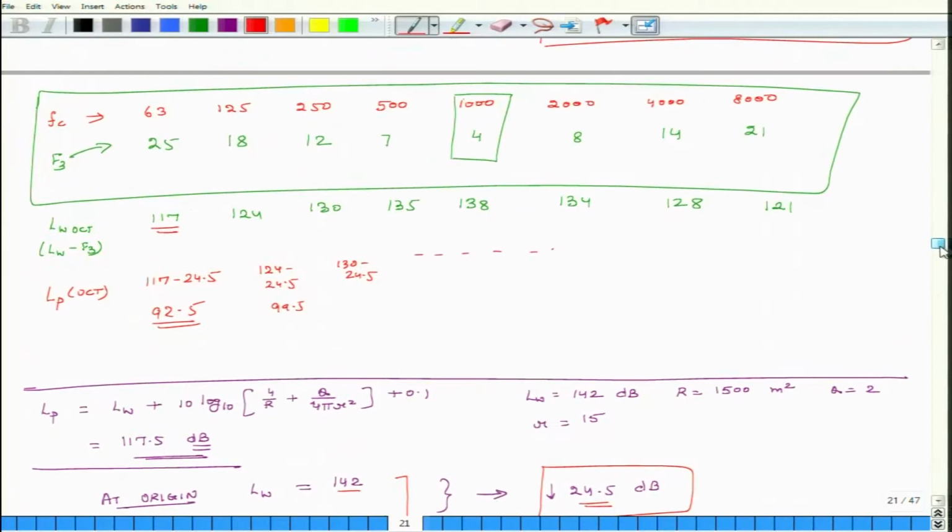So, in this octave band we do not have 142 decibels, we have just 117 decibels of power level. What will the pressure level be? I have to just bring down the pressure level by 24.5 from here, and I do the same thing for all other frequency bands. In this way I can calculate LP octave.